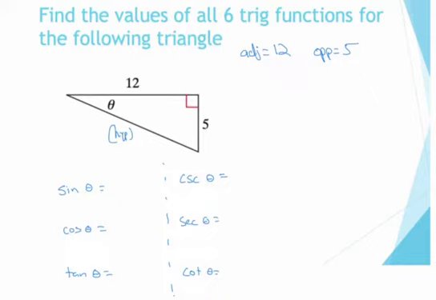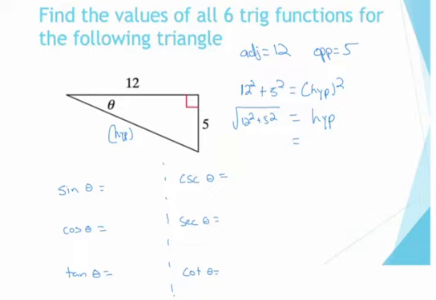Pythagorean theorem says 12 squared plus 5 squared is going to equal the hypotenuse squared. So the hypotenuse, I'm going to take a square root on both sides. So the hypotenuse is going to be the square root of 12 squared plus 5 squared.